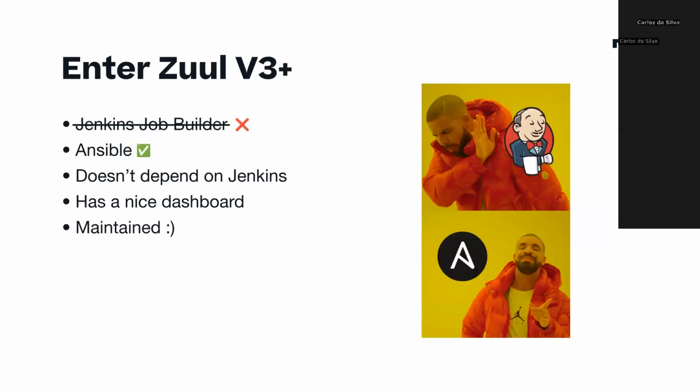And some of the differences, I believe the major difference between the V2 and the V3 plus Zuul is the use of Ansible, replacing Jenkins Job Builder. In Zuul V2, it used Jenkins Job Builder for building jobs, and now it uses Ansible to execute jobs. Both systems do similar things in Zuul.